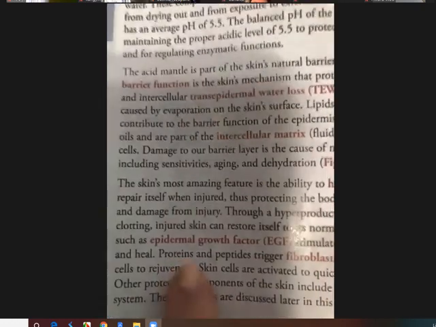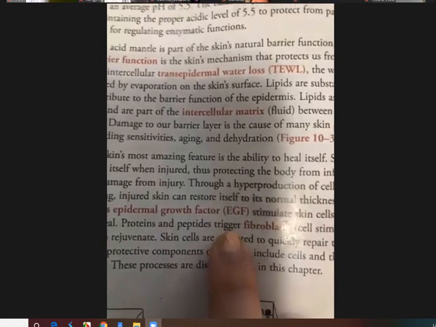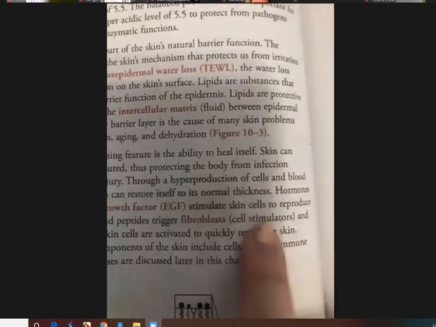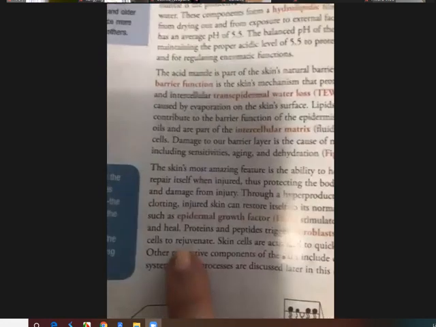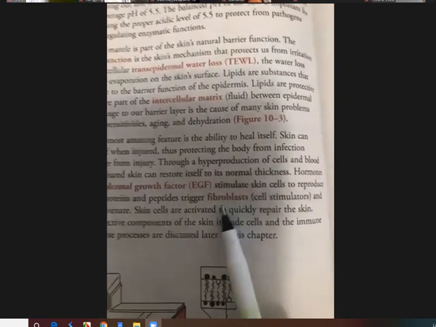So that's why proteins and peptides in our skin trigger fibroblasts, which is a cell stimulator, for our skin to look younger, look fresher, and look more lively. Okay, you have to understand this. Again, this word fibroblast. 你要记住这个字 fibroblast.